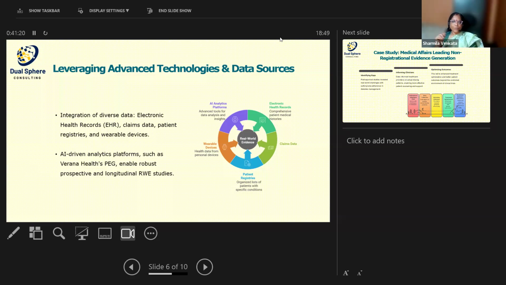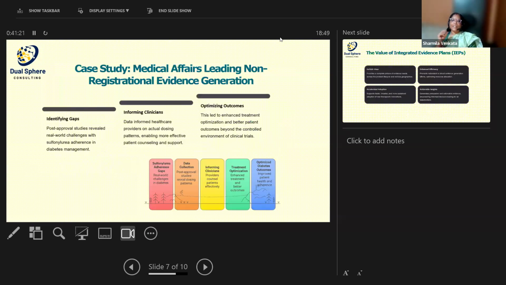Okay, now that we understand the power of integrating real-world data sources, let's see how this approach works in practice.